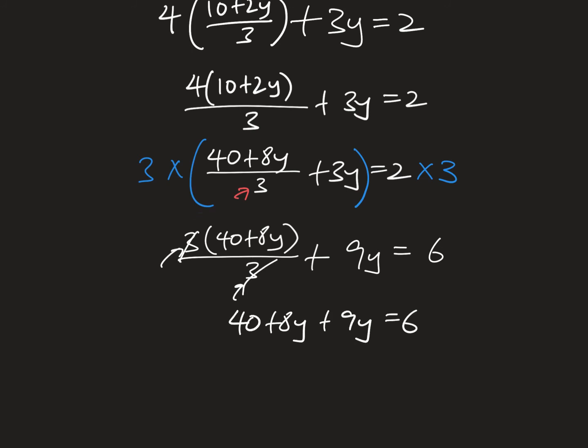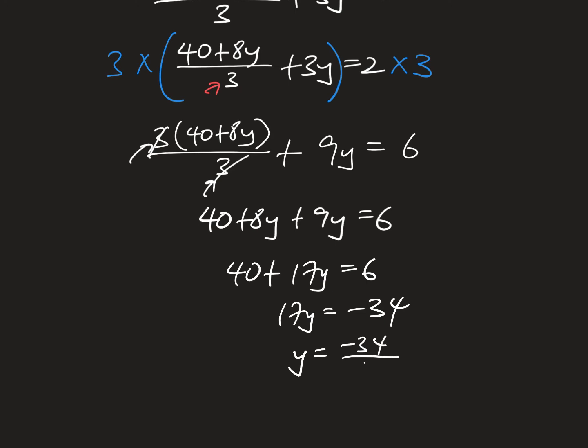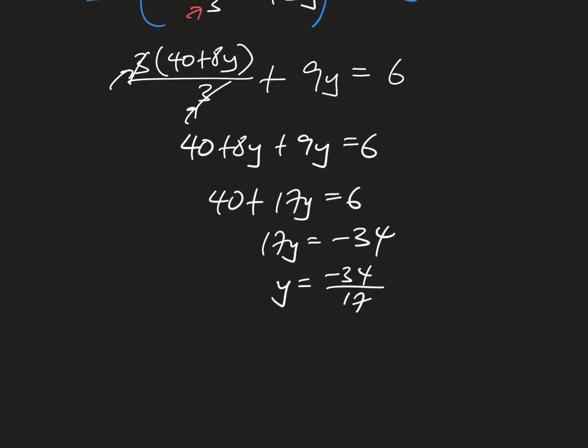Now we just simplify. So 40 plus 17y equals 6, 17y equals negative 34, y equals negative 34 over 17. That very nicely gives us y equals negative 2.